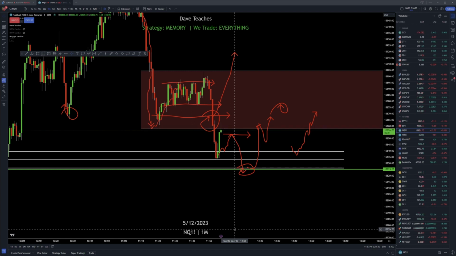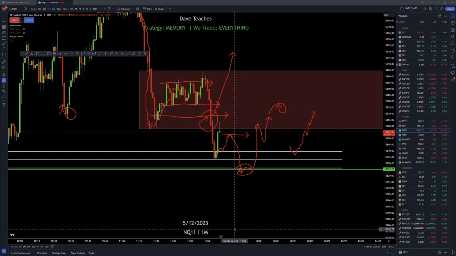We are not sold on looking for price to trade up the other way into the highs. And that's equivalent to what? Trade your highs and lows. Trade your highs and lows, that's it.